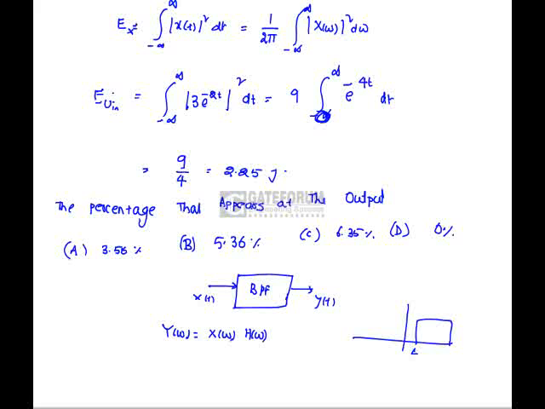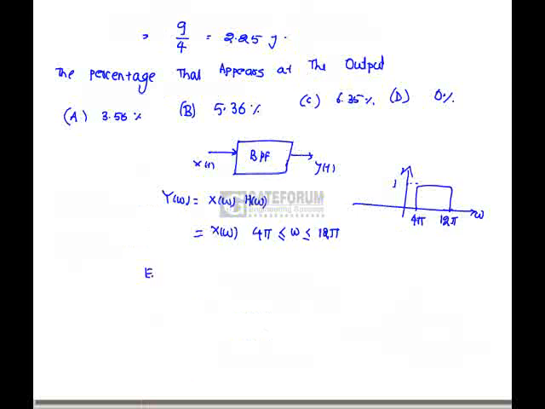In radians, 4 pi to 12 pi radians, with magnitude 1. So y of omega is x of omega within 4 pi radians to 12 pi radians. So the energy of y is nothing but 1 by 2 pi integral from 4 pi to 12 pi of 3 by omega square plus 2 square, whole square, d omega.